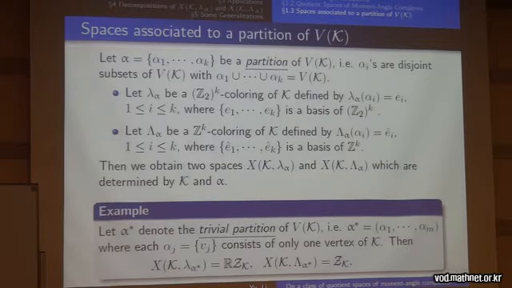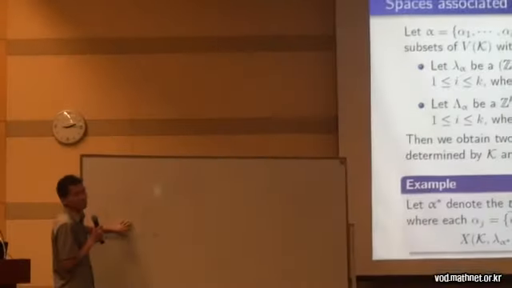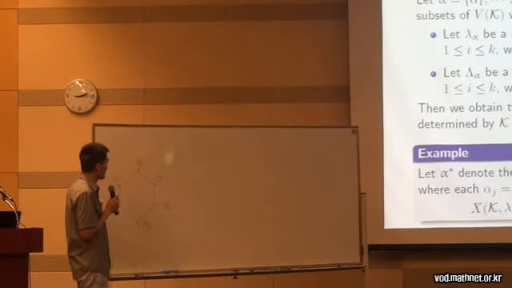This is a simplicial circle with 6 vertices, and if I color the vertices V1 to V6 by a basis, say e1 to e6, then we get the moment-angle manifold of this simplicial complex.